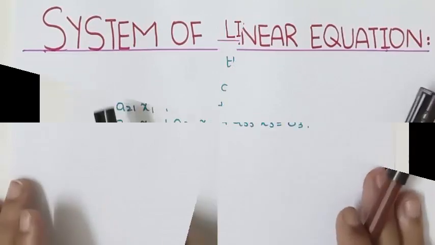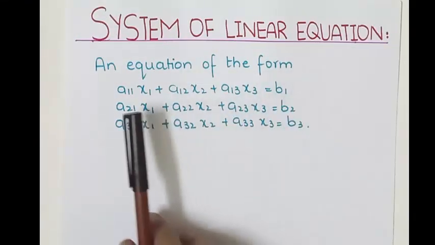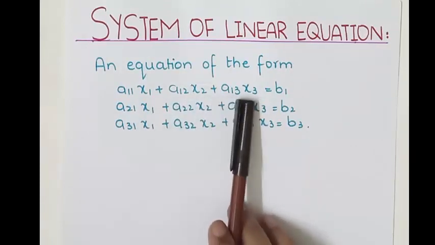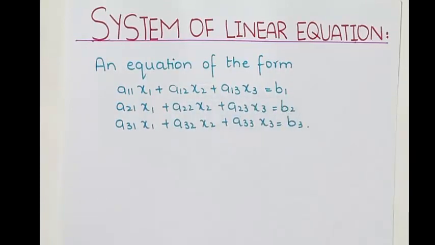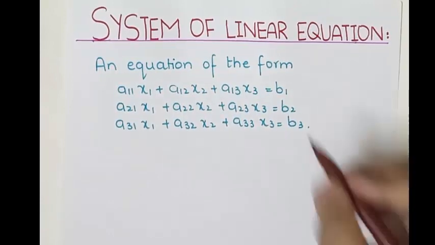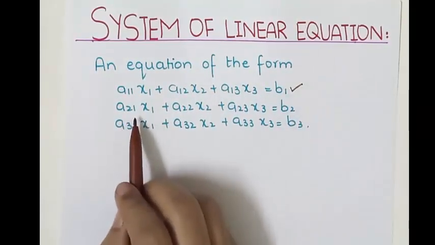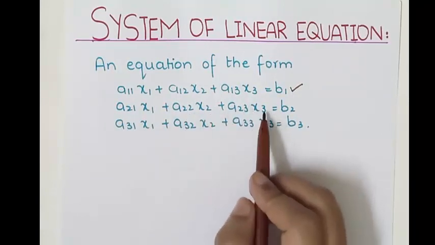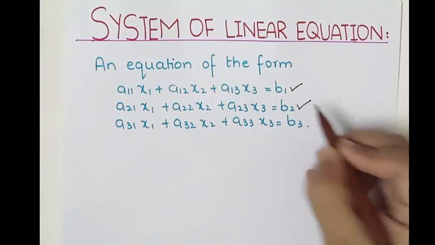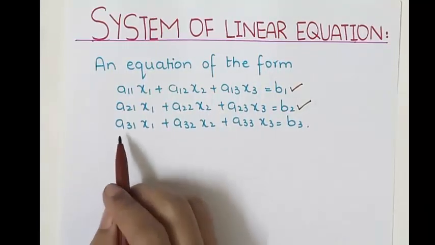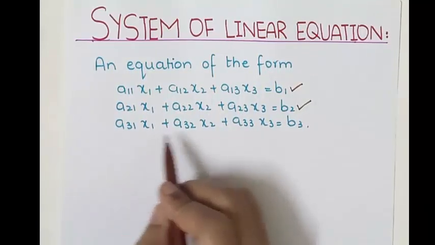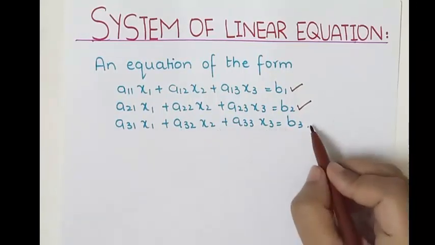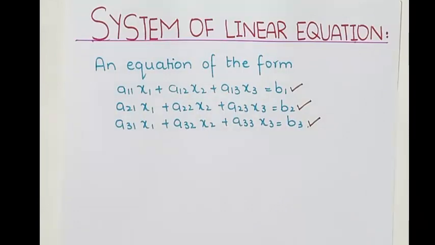So let's get started. An equation of the form a11x1 plus a12x2 plus a13x3 equals b1. Then a21x1 plus a22x2 plus a23x3 equals b2. Here we have a31x1 plus a32x2 plus a33x3 equals b3.